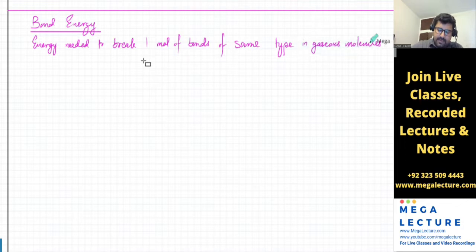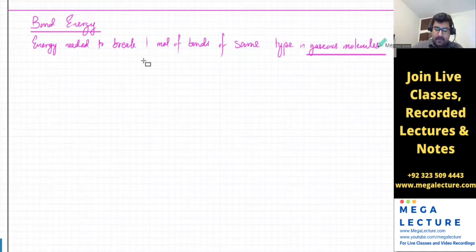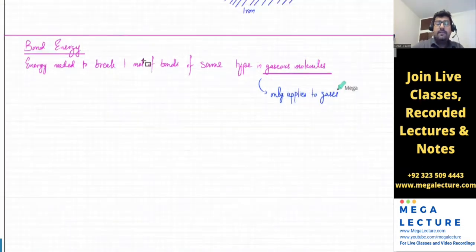If you look over here, bond energy is only defined for gaseous substances. The values are defined for gases, not solids, not liquids, or aqueous.